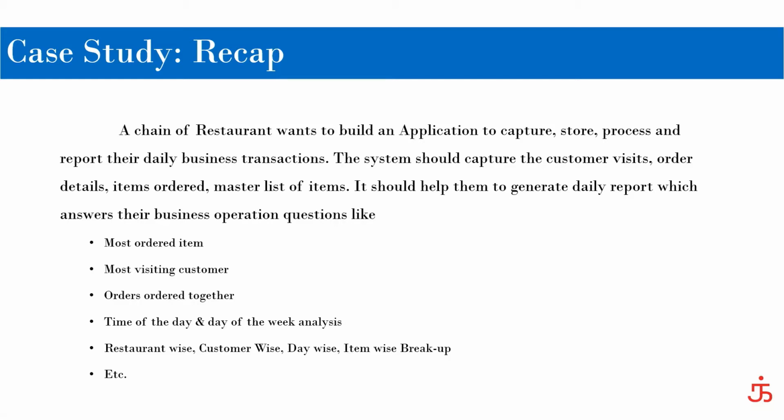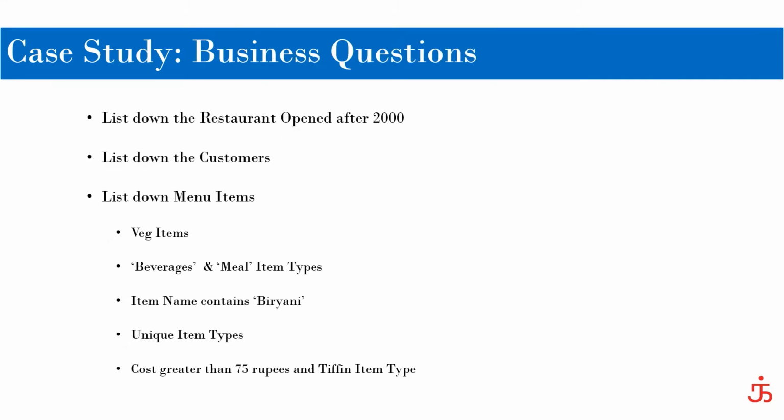What kind of questions do they want this application to answer? Most ordered items, most frequently visiting customers, time of the day analysis, day of the week analysis, breakfast versus lunch, which item is moving fast. Restaurant wise, customer wise, day wise, item wise, they want to get the breakup, to get various perspectives of their own business. So today we are going to address these questions.